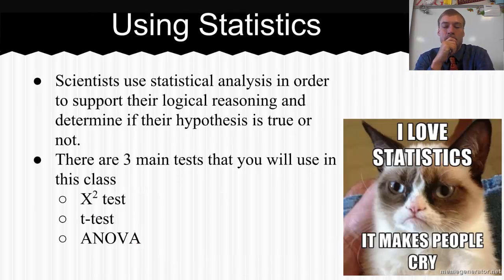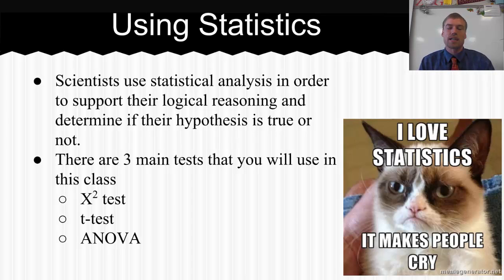All right, now, when you do experiments, it is not just enough to get data and then say, okay, my number here is larger than my number over here, because what we don't know is whether or not that is actually what we call statistically significant.